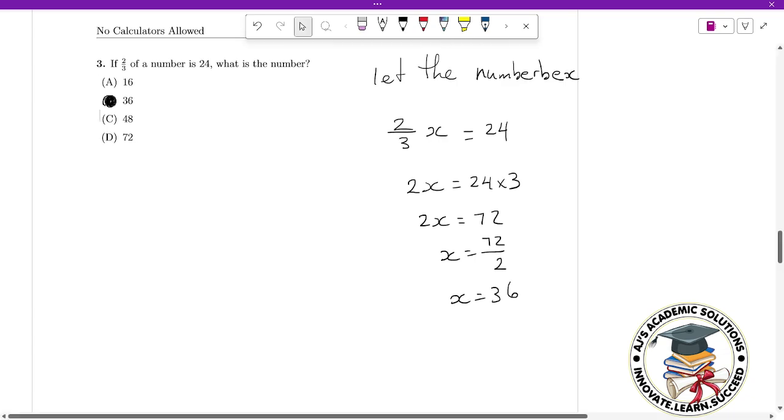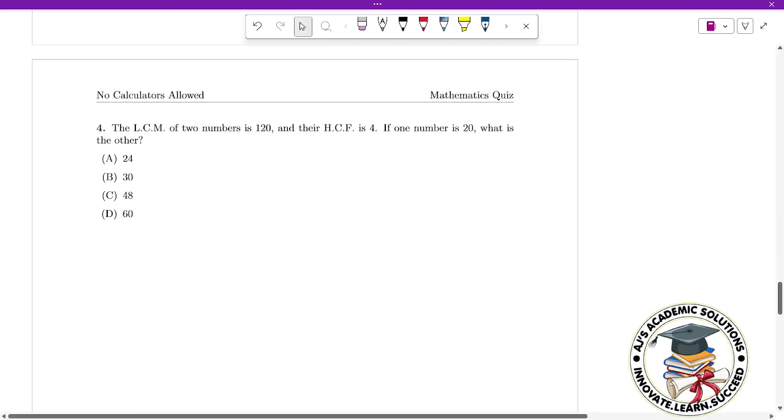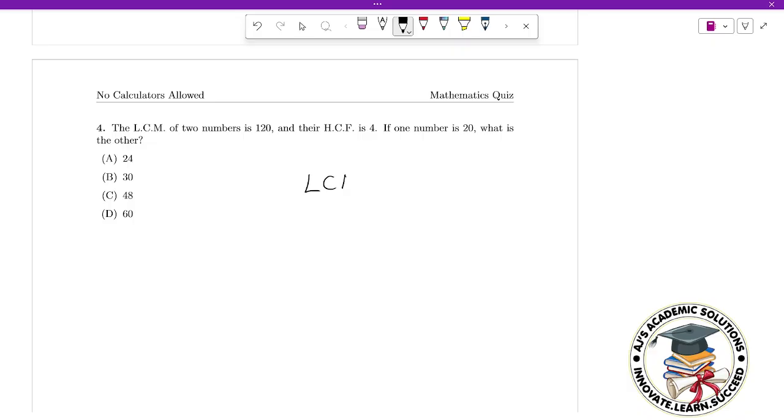And let's move on now to the next question, wherein we have the LCM of two numbers is 120, and their highest common factor is 4. If one number is 20, what is the other number? So for this question, we're going to say that the LCM times the HCF is equal to the product of the two numbers.